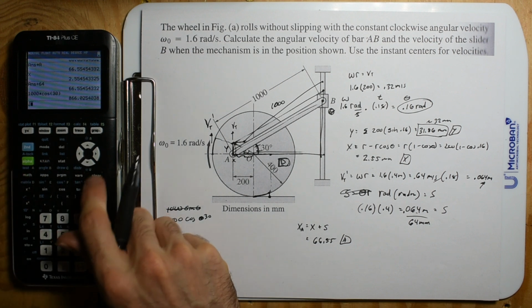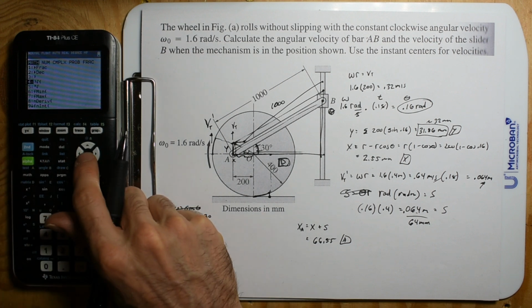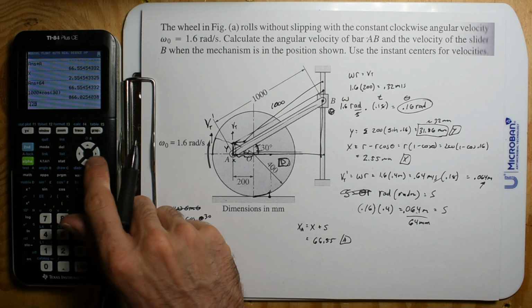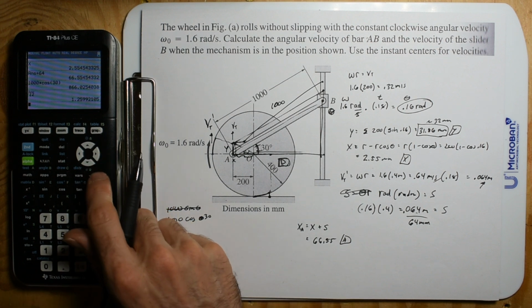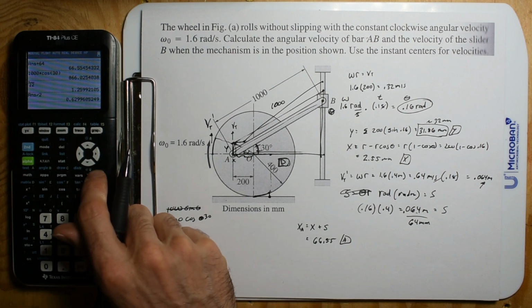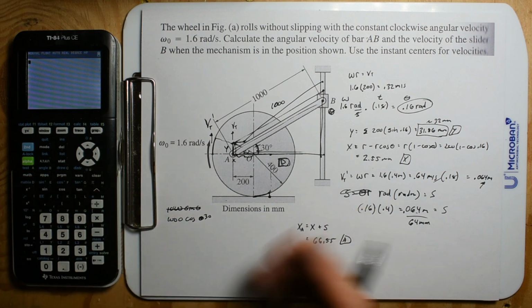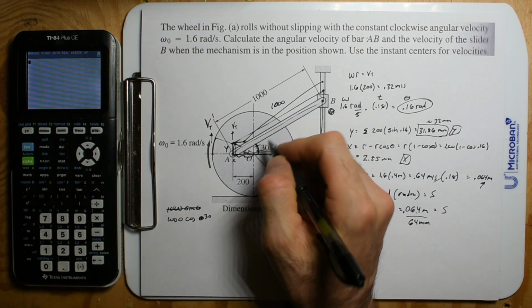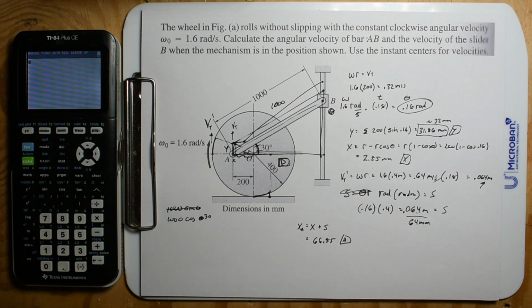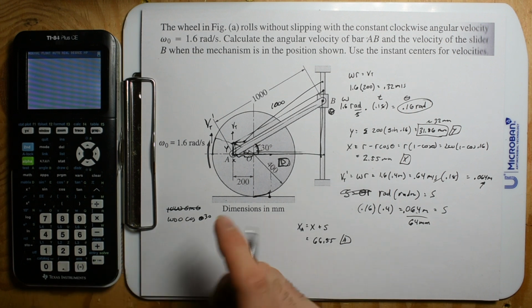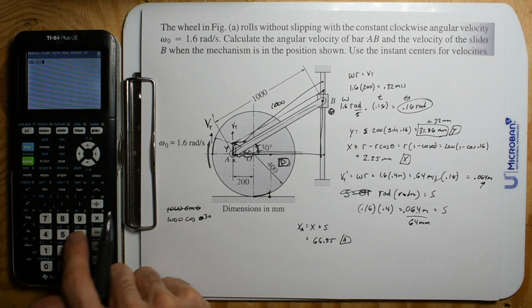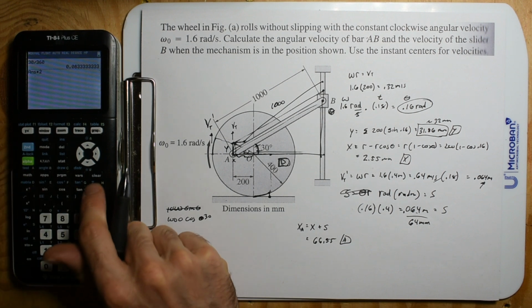I have no idea what this is in radians, 30 degrees. But anyway, well obviously 30 divided by 360 times 2 pi.